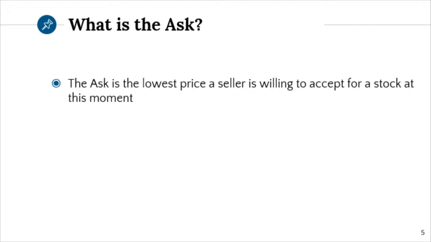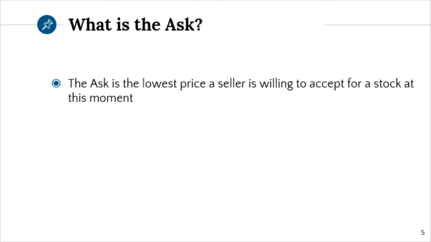Now, does anybody know why the spread was created to begin with? It was created as compensation for market makers, as they're called on the NASDAQ exchange, and specialists on the New York Stock Exchange, for being willing to be the buyer and seller of last resort, because that was their job.